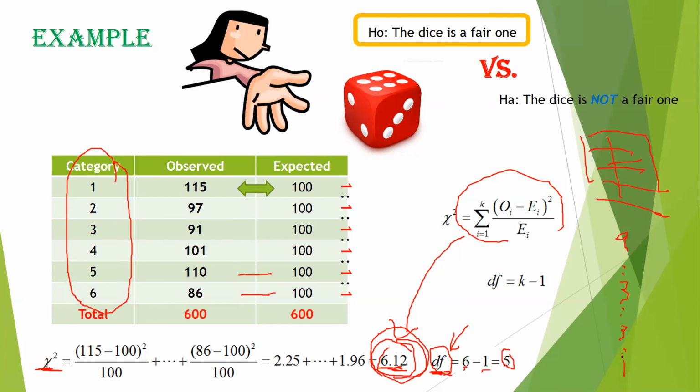So when you do the chi-square statistic for that data, the degree of freedom will be equal to 4 minus 1 equals 3. Okay, this is the difference.